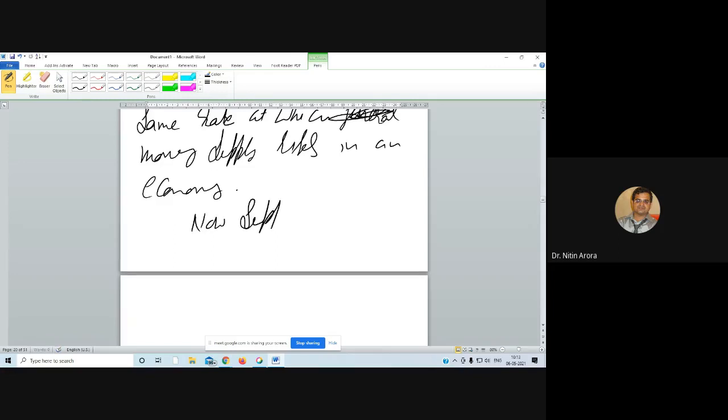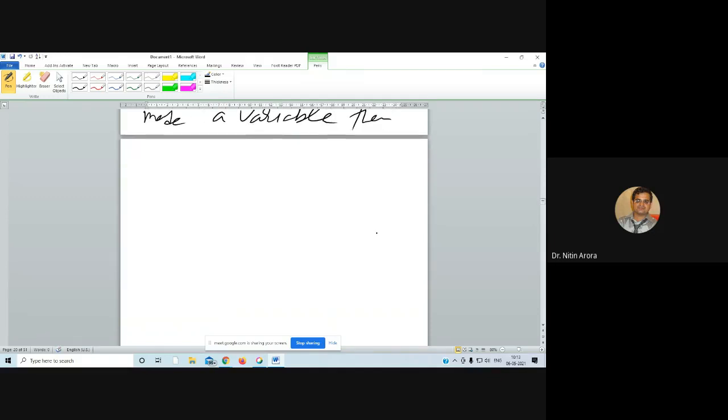Now suppose T is made a variable, then MV bar is equal to PT. Okay.